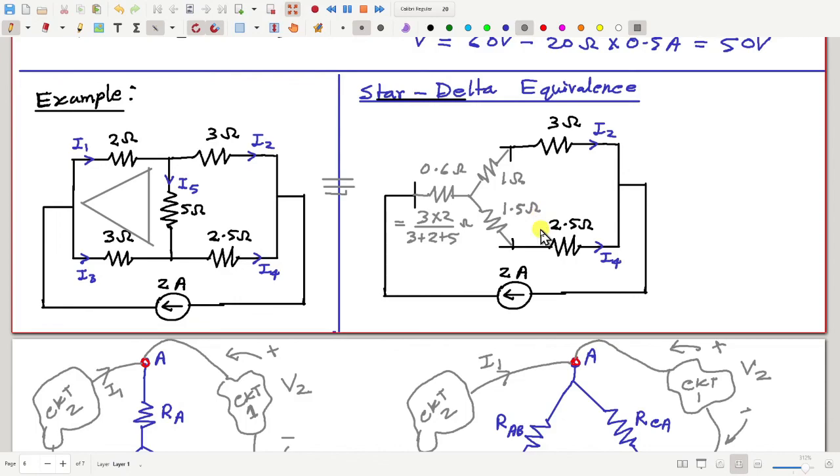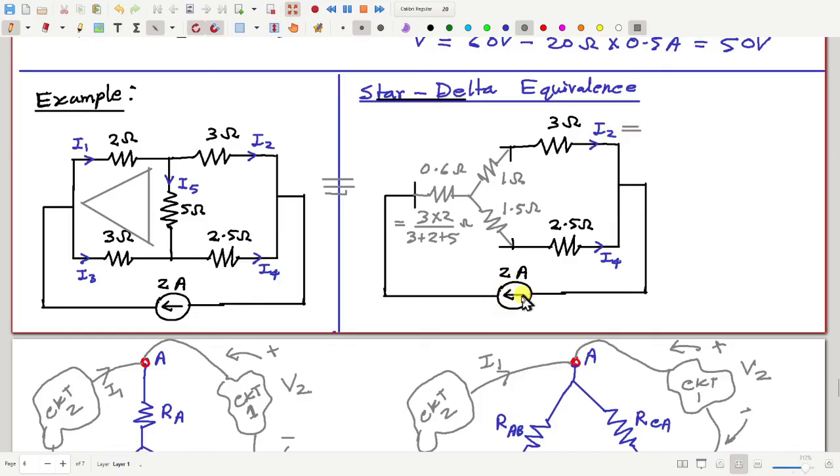Now this circuit is equivalent to the original circuit in the sense that currents in the black portion will not change. The gray portion is of course changed, but the outside part, the black region, is not changed. So this current I2 will remain I2, and this will also remain I4 as the original I4. Can you find out how much will be the value of I2 here?